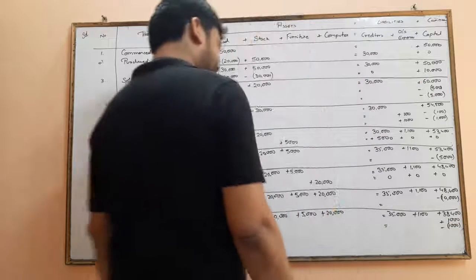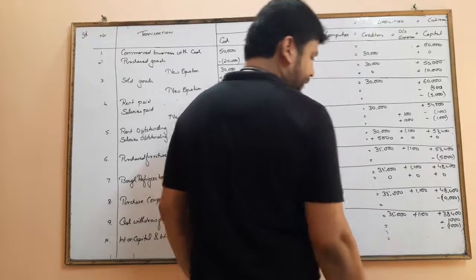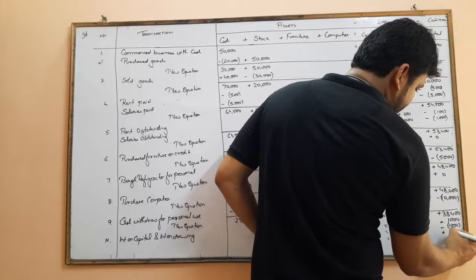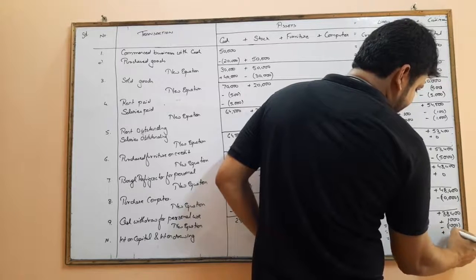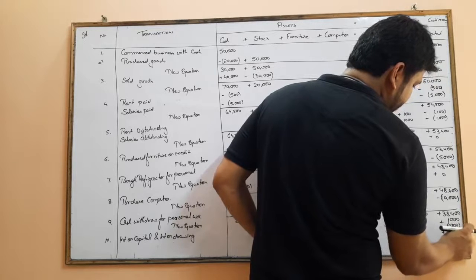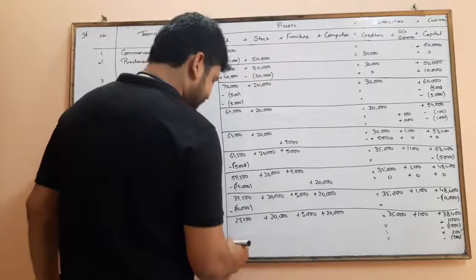expense for the company. In the same way, interest on drawing will be added in the company's account as it is an income for the company, and it is an expense for the owner, so it will be subtracted from the capital account.